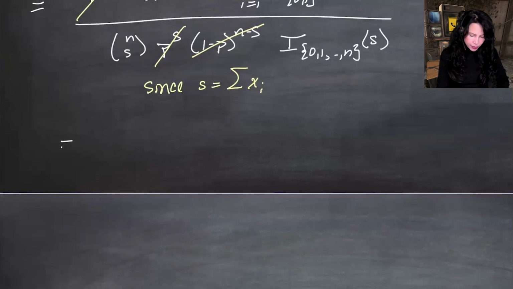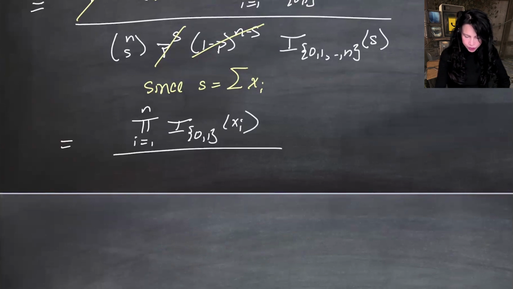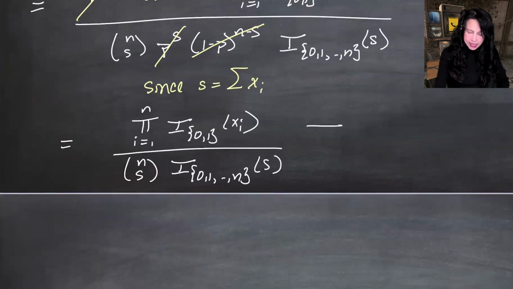For the record, I'm going to write this as a product as i goes from 1 to n of the indicator, over an n choose s and an indicator for s. And there's no p in here. This doesn't depend on p.